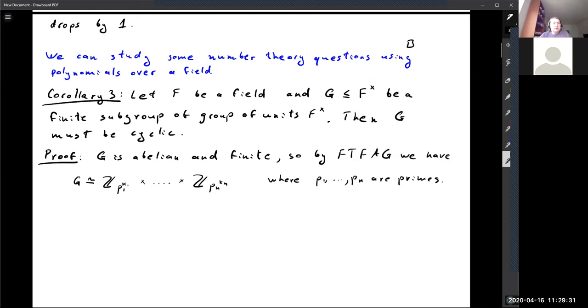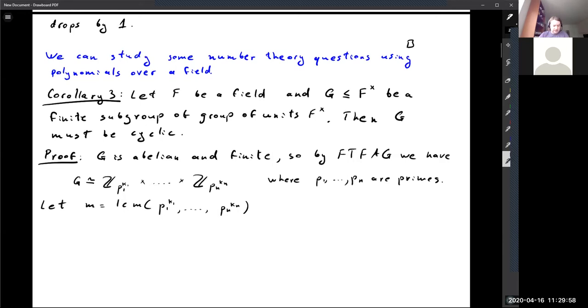Our argument will be based on the orders of all elements of the group G. So let's look at M, which is the least common multiple of p1 to the k1 all the way to pn to the kn, right?